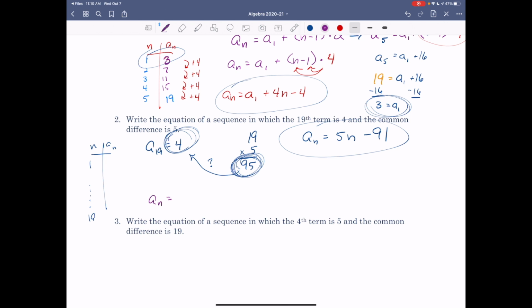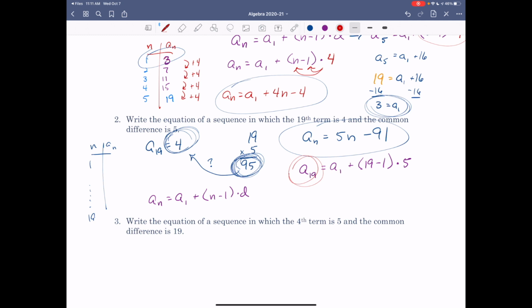A sub n is always going to be a sub 1 plus n minus 1 times the common difference d. In this case, I could say a sub 19 equals whatever a sub 1 is plus the step number minus 1, so 19 minus 1, times the common difference, which is 5. And you'll notice this almost exactly turns into what Gray did.